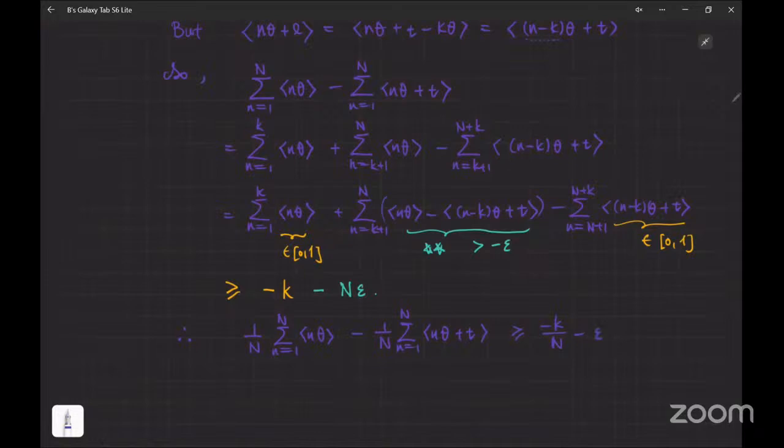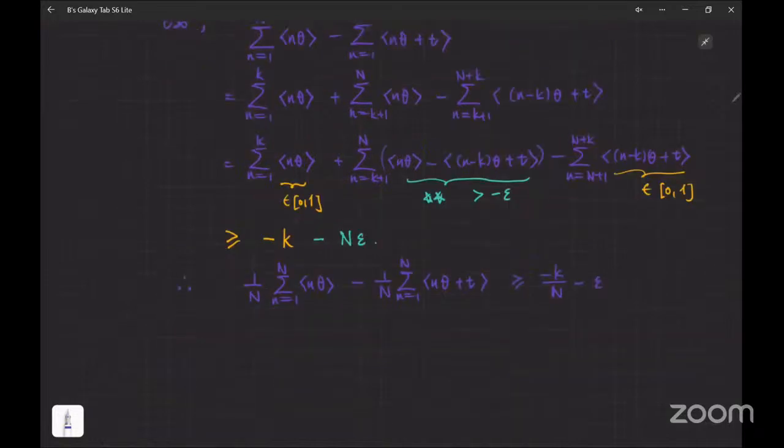So take the lim inf of the difference of the averages, which is greater than or equal to minus epsilon.